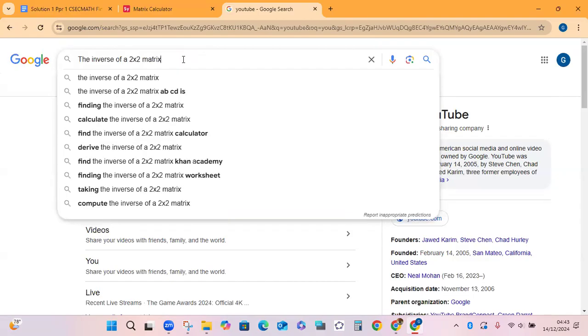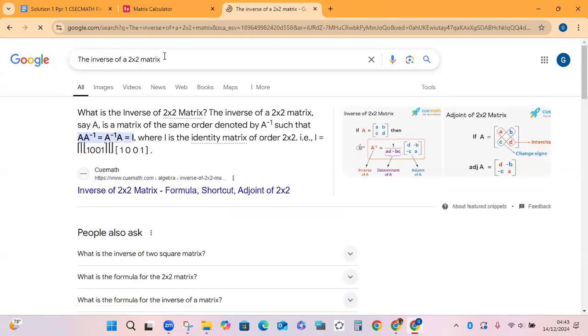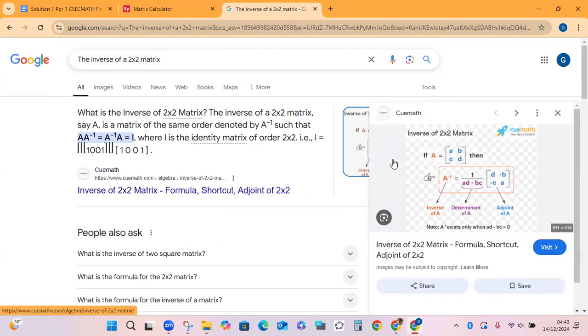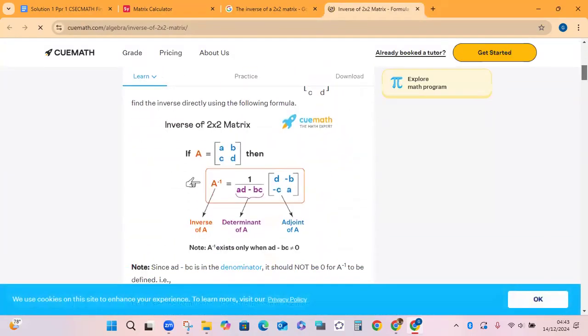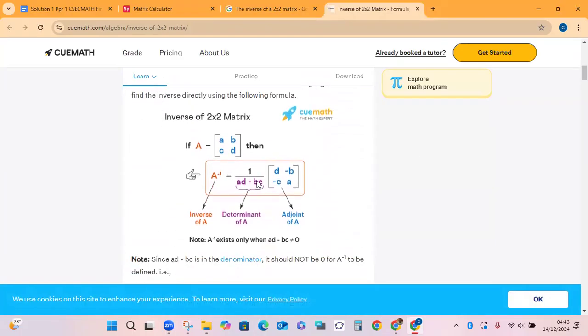I want you to do that. You can do this in Google, and you can also do this in YouTube. You have to find the inverse is 1 over the determinant times the adjoint. And here you have it explained to you.